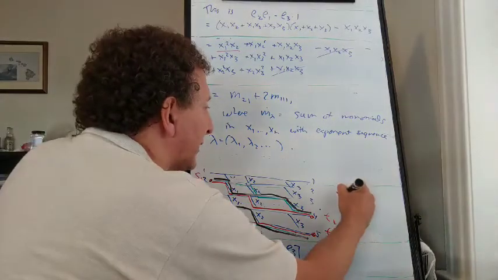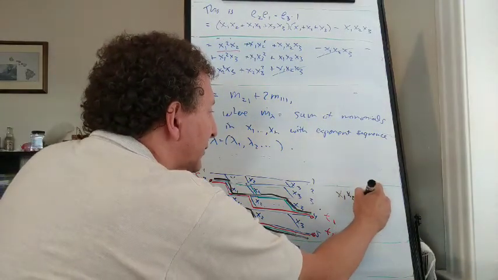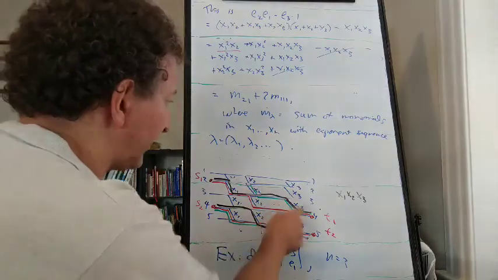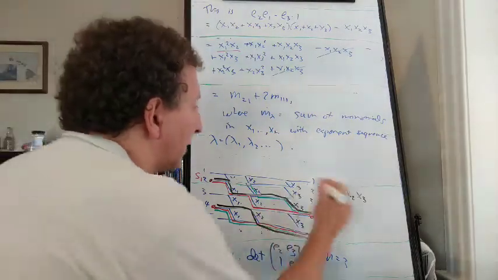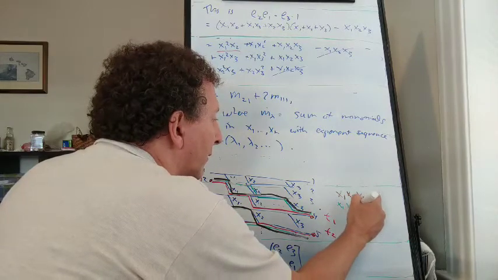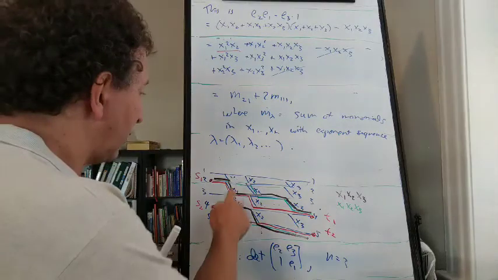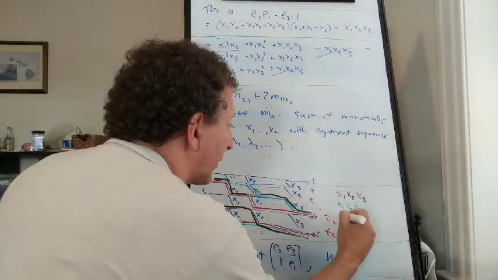So this one has weight x1, x2, x3, and the green one also has weight x1, x2, x3. And the red one has weight x1, x1, x2.